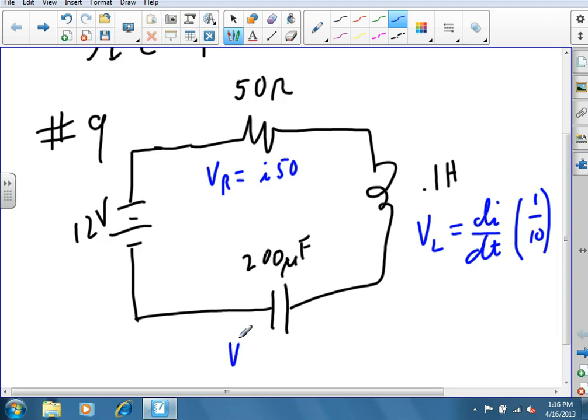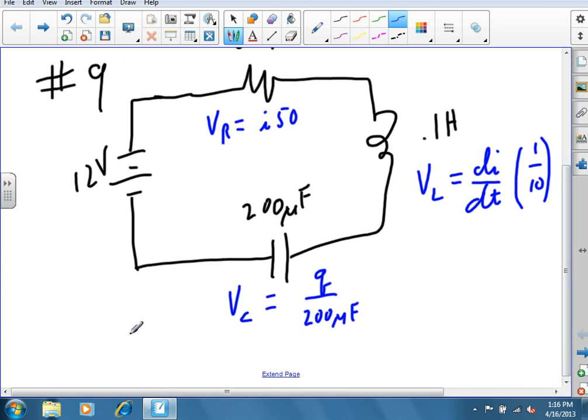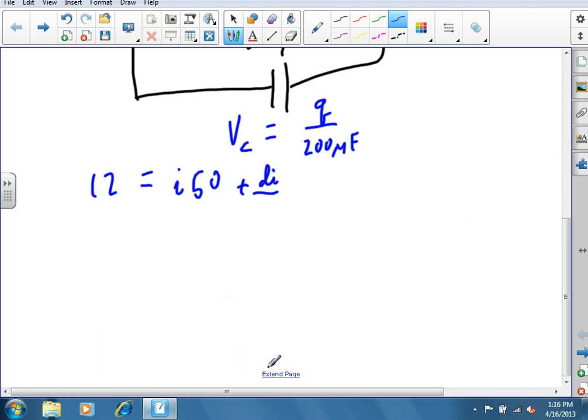The voltage across the capacitor is Q over C, or 200 microfarads. Kirchhoff's law says that 12 has to equal the voltage across the resistor, IR, I50, plus di/dt times 1/10, plus Q over 200 microfarads.